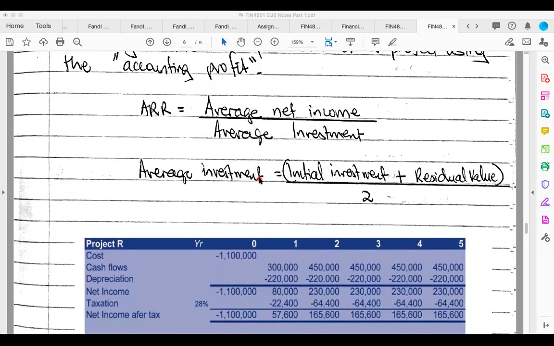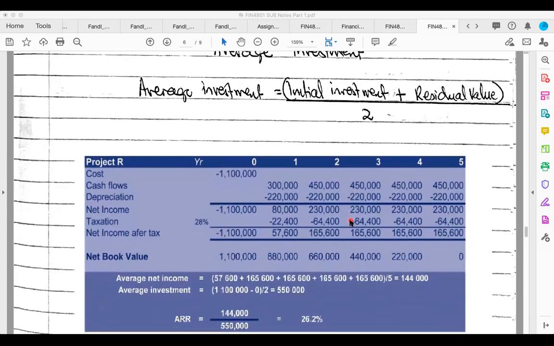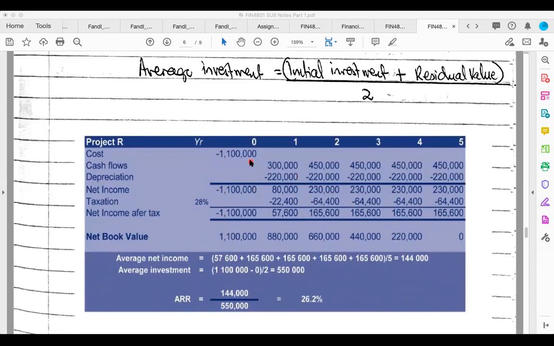And the average investment, we calculate it by taking the initial investment in a project plus the residual value of the project, divided by 2. This is usually the estimated book value at the end, plus the initial investment, divided by 2. So there's an example in the textbook that illustrates a calculation of the net income for 5 years for the company.